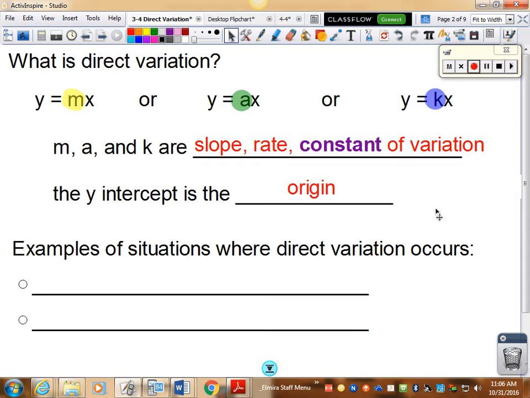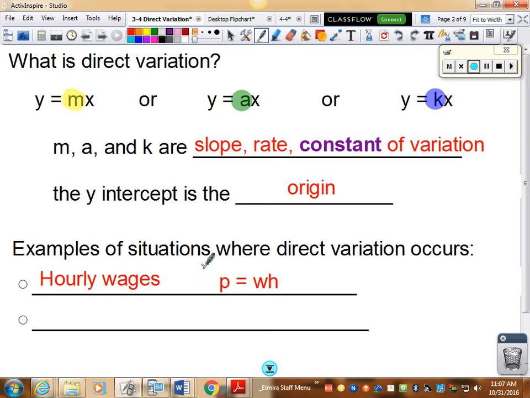Okay, so here's examples where direct variation occurs. Things like hourly wages. Let's go back to that 0-0 conversation. If you don't work, you don't get paid. 0 hours, 0 money. In this equation I wrote, P equals WH, I took the letters that have to do with working and subbed them in for the letters y equals mx.